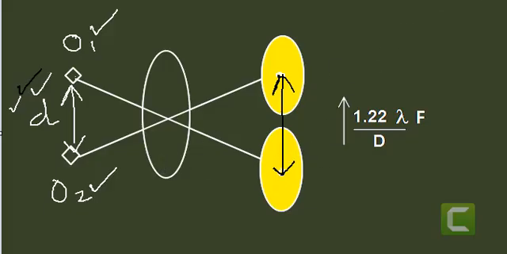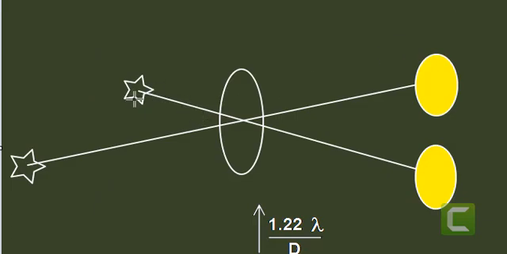Now for a telescope, objects are celestial objects. So they are not at the same distance from the lens, because one star can be here and one star can be far behind that one. So you are not talking about a distance, rather you are talking about the angle.